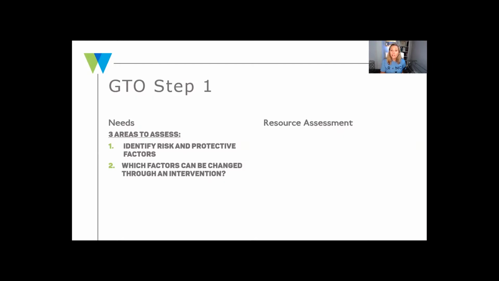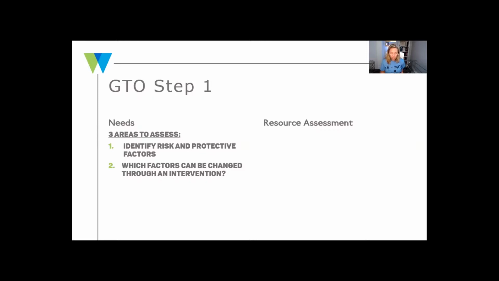But that alone is not enough, because eventually we're going to want to intervene on one of these. So as we go out there and measure these risk and protective factors to really understand what's underlying our problem, our need, we also want to know, are these things that can be changed through an intervention?